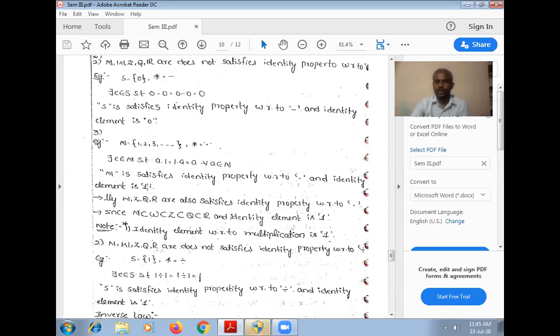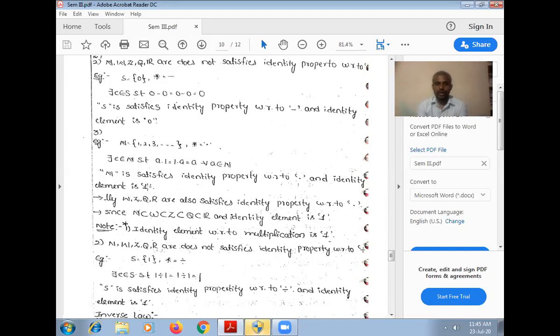Although 22 is a natural number, what we need is A star E equals E star A equals A, the same value, but here we are getting another value. So 2 is not an identity element with respect to multiplication, but 1 is the identity element with respect to multiplication.